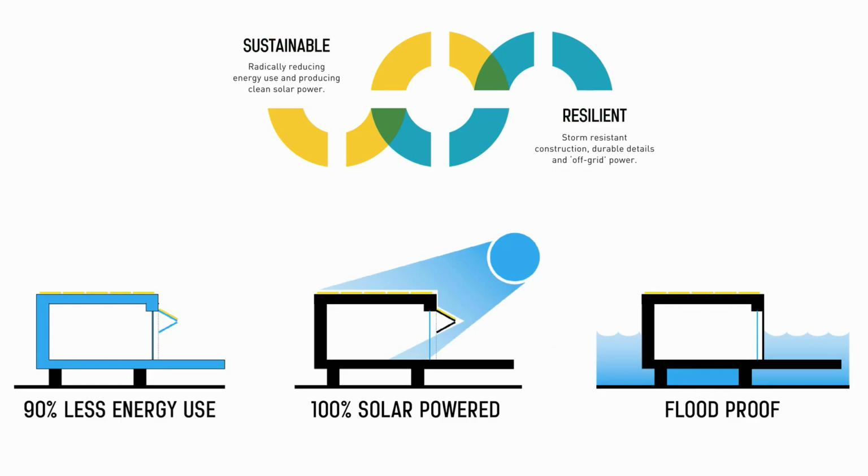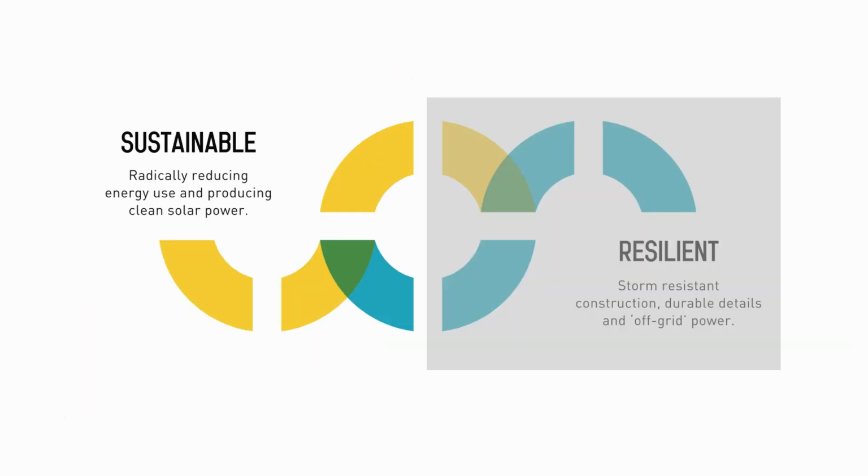And so the concept for this project was to be sustainable and resilient in the following way. First, sustainability, as we said, is producing a very energy efficient building and then producing all the power, plus more, that the project needs. The resilient focus here was on durability, which is basically what resilience is, but this is durability on the coast, so it needed to be flood proof.